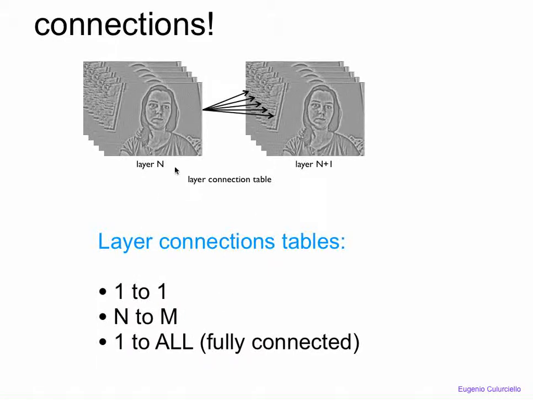So one-to-one means one layer is connected only to another layer here. N-to-M means that n layers here are connected to m. So one layer here is connected to n of these layers, and one of these guys is connected to m of these features. And then there's one-to-all, where each one of these layers is connected to all the other ones. So that's really some of the ideas here.